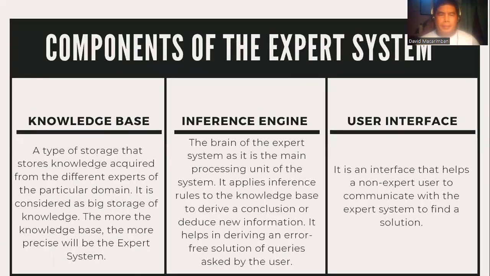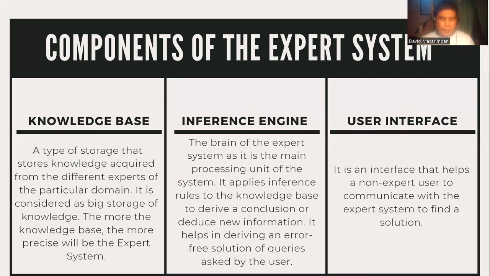Components of the expert system are divided into three. We have the knowledge base, inference engine, and user interface. So knowledge base, an example of this is the collection of facts and rules which describe all the knowledge about the problem domain.